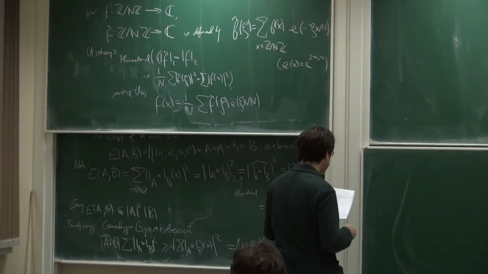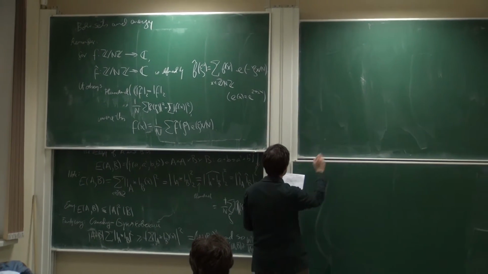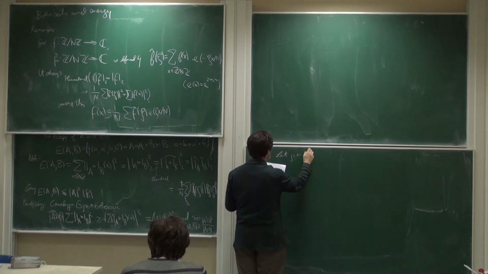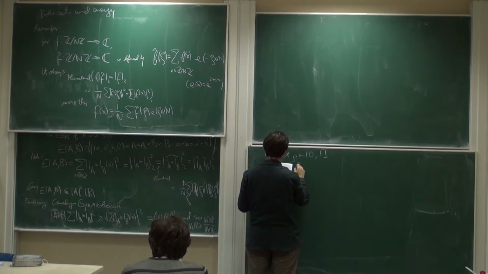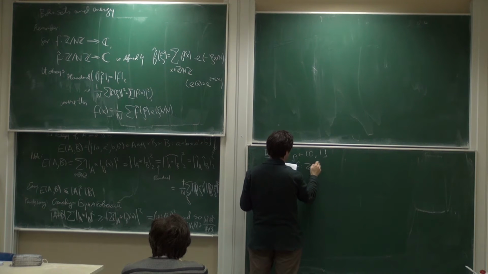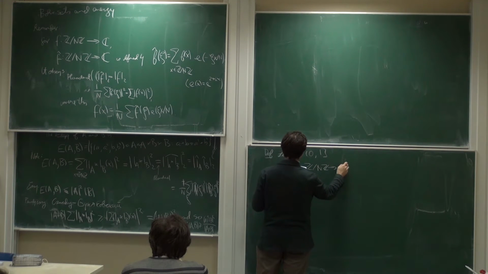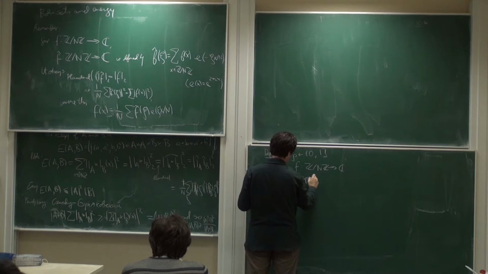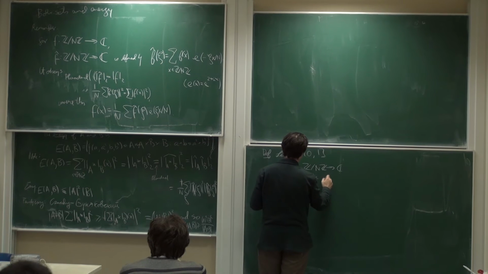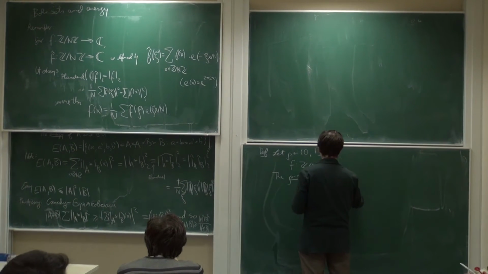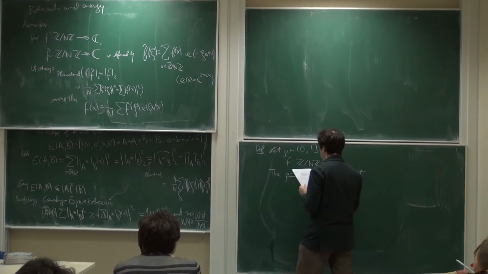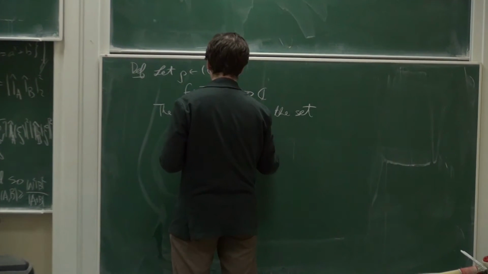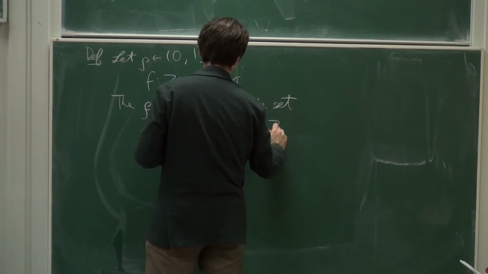Very well. So another important object, definition. Let rho be... Again, you could define this for any group. The rho spectrum of f is just the set on which the Fourier transform is bigger than rho times the L1 norm.